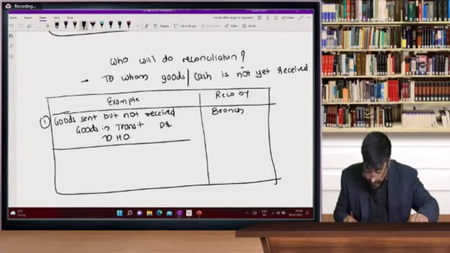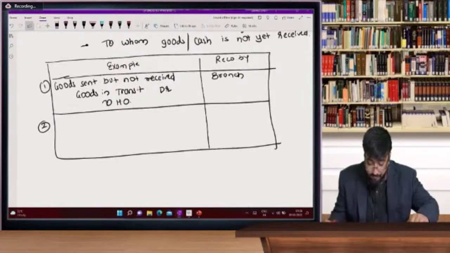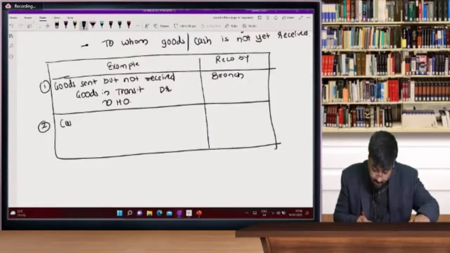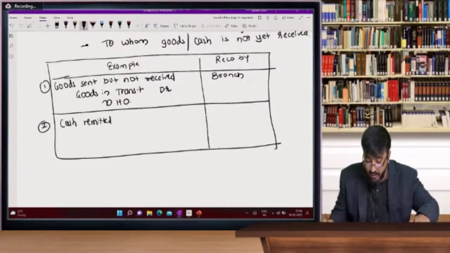This is the entry. Second one. Because the branch has not received it, the branch will do the reconciliation.